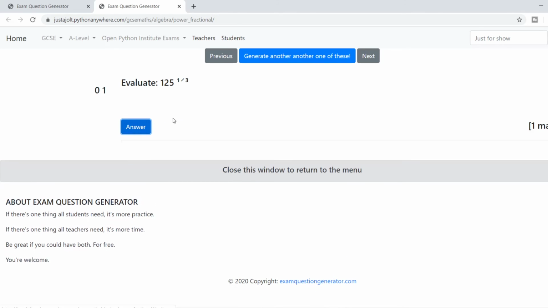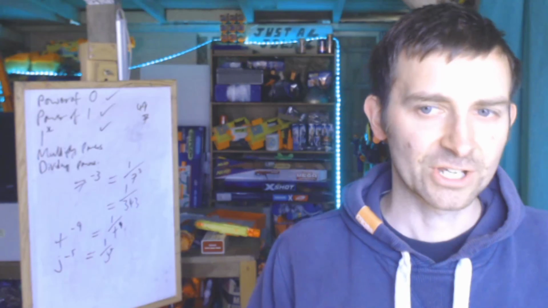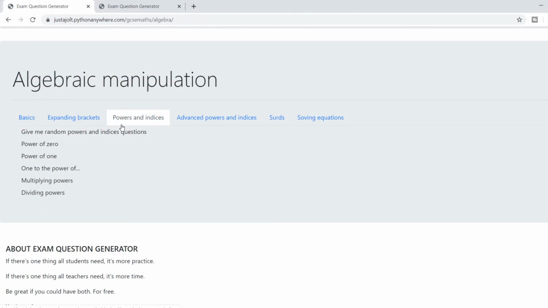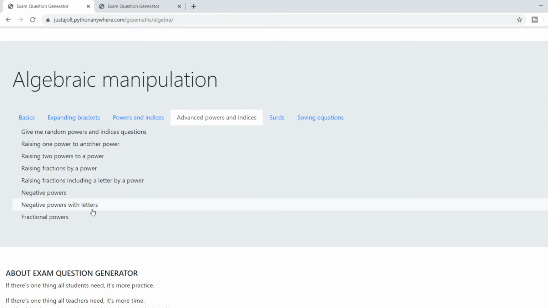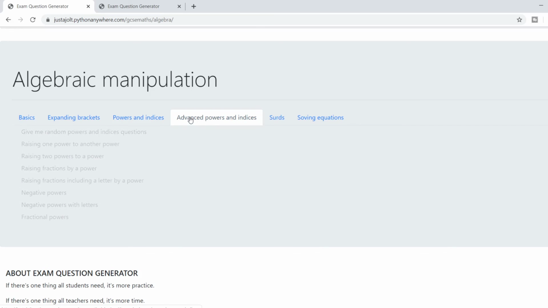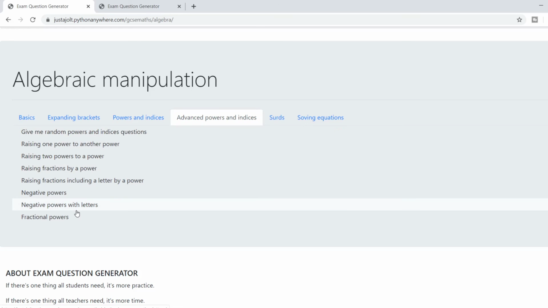The answer is 5. Okay, so what have we been through today? If I go back to the website, you can actually see everything we've been through. We've quickly flicked through all of these different rules for dealing with powers and indices, including some advanced ones. These ones are kind of level 3. These ones are a little bit more advanced, and these ones we're champing at the bit of level 5 and 6-ish.